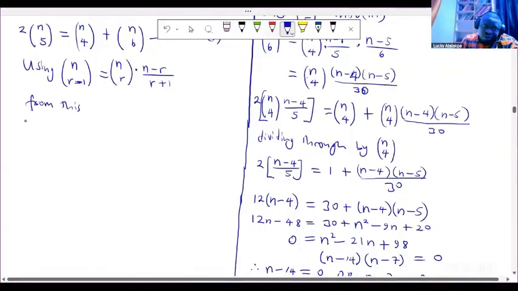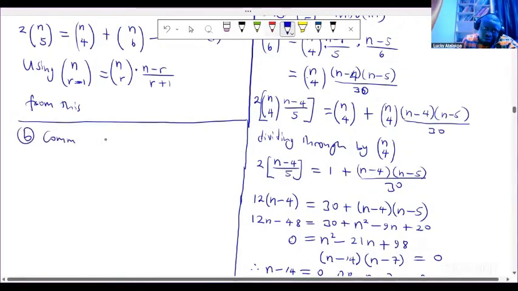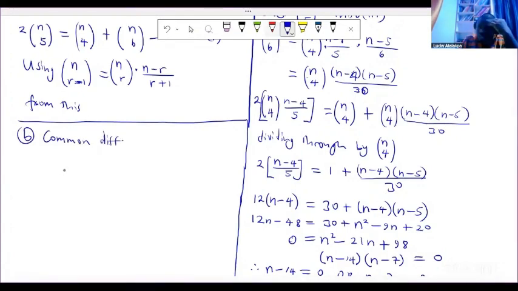So to find the common difference, d, now for common difference, we know that our terms now are, we're given n combination 4, n combination 5, n combination 6. Now, let's look at each of these combinations. N combination 4, where our n now is 7, right?